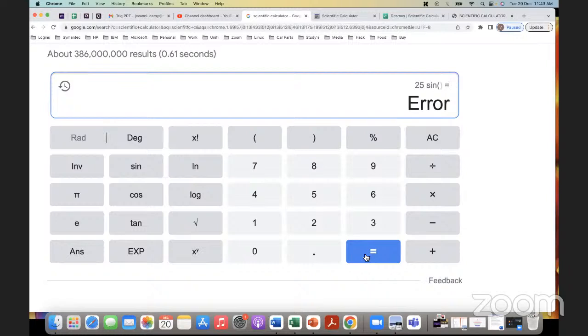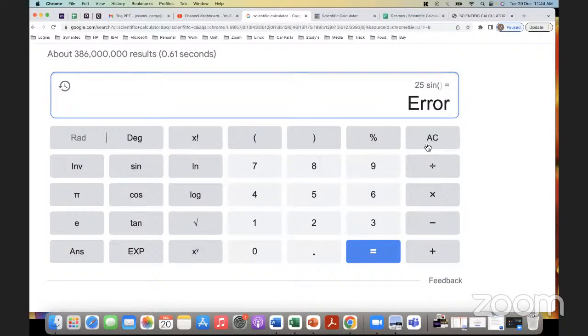It tells me that this particular calculator requires me to put the sine first. I have to put sine before I put the value of the angle in, because if I put in the angle first and then press sine, I get an error. That tells me that I need to re-enter the information.